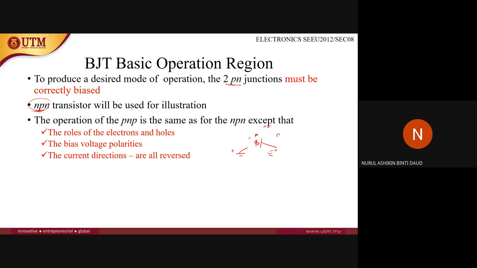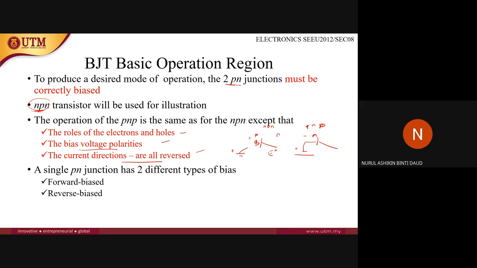But for PNP type, the base will be connected with the negative part, because in the middle is N. So the polarities of the bias voltage might be different, and the current directions are all reversed. Please take note of these three.